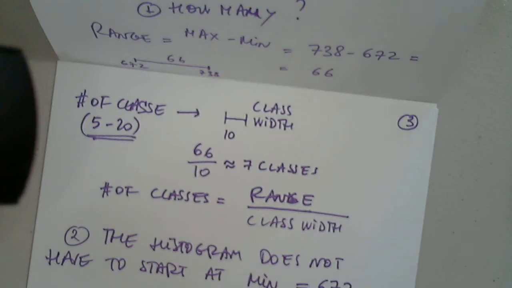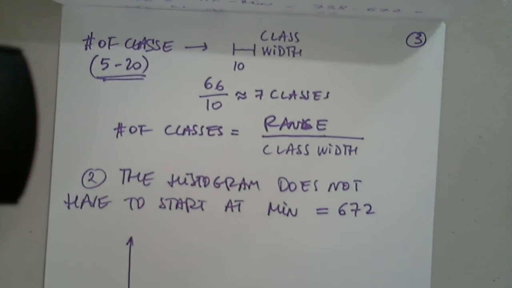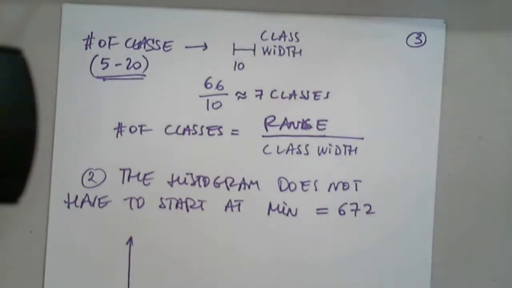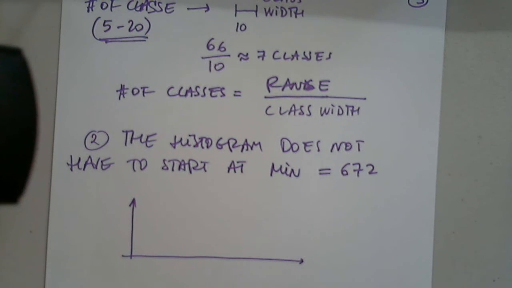I think it is convenient to start at 670. So this is my 670, this is my 680, they all have the same width, 690, this is 700, 710, 720, 730, and 740, since I have to go to 738.